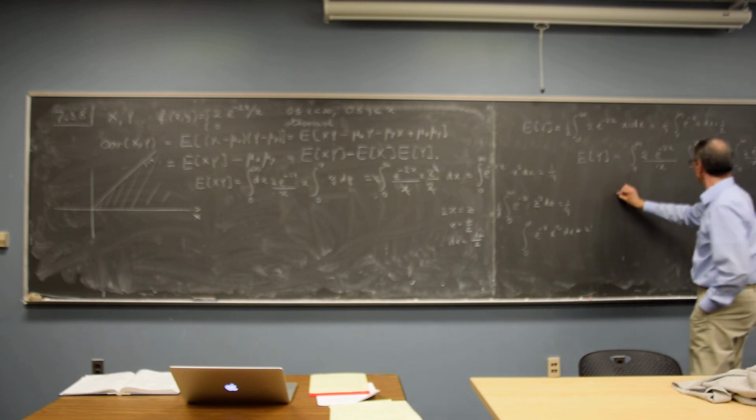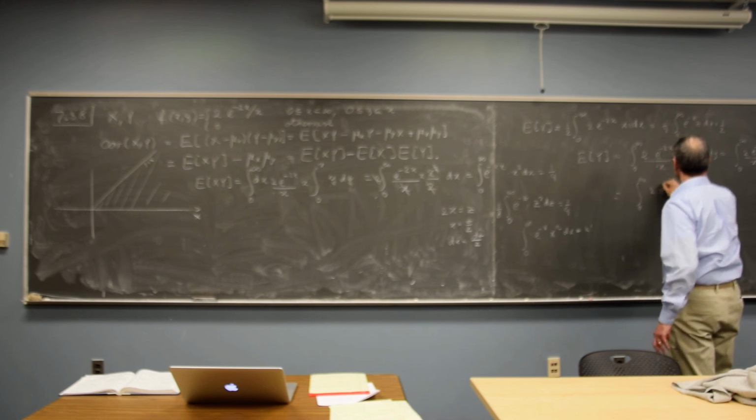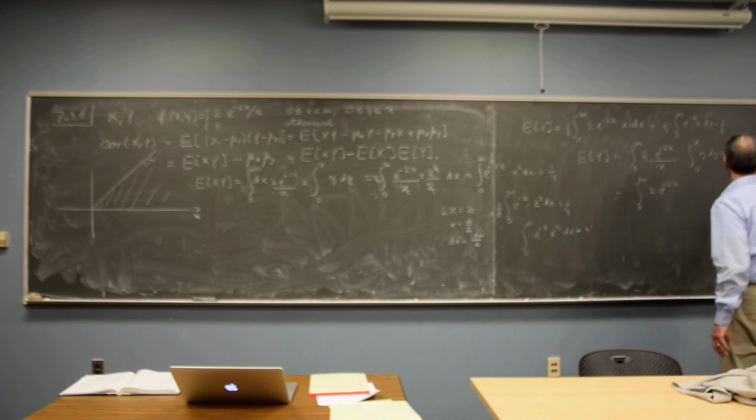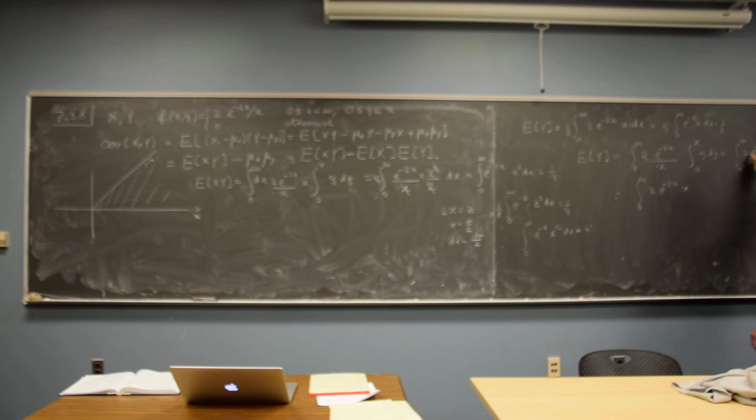And this quantity here is the integral from 0 to infinity of 2 e to the minus 2x times x dx. Now this is correct.